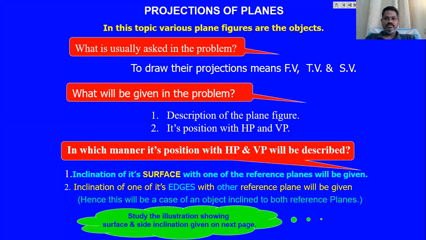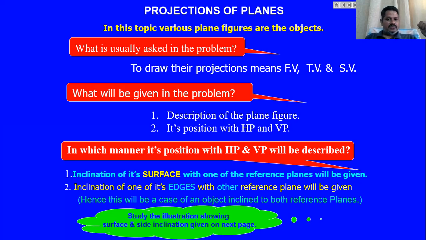Like I said just now, the plane can be inclined, or the plane can be parallel to the reference plane. We will see how this is described in the coming slides. In the different cases, when the plane is placed with different conditions, we have to draw the front view, top view, and side view.